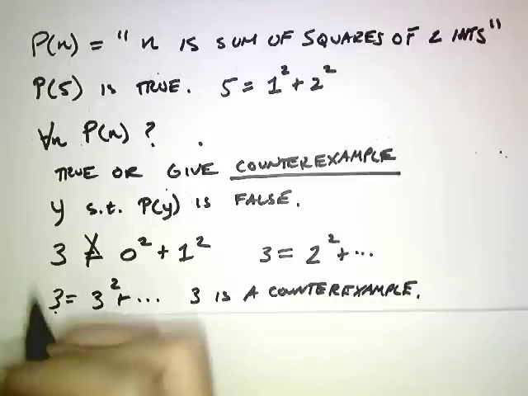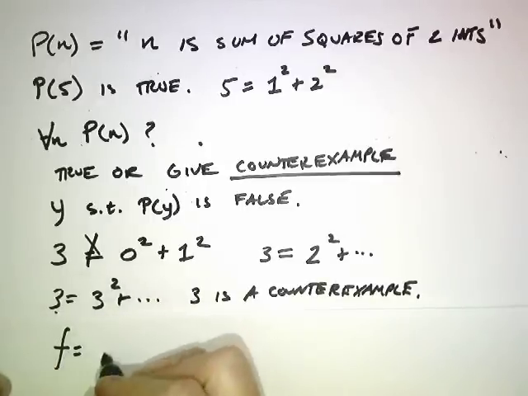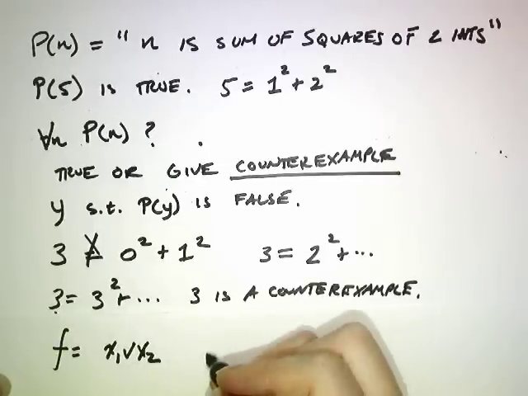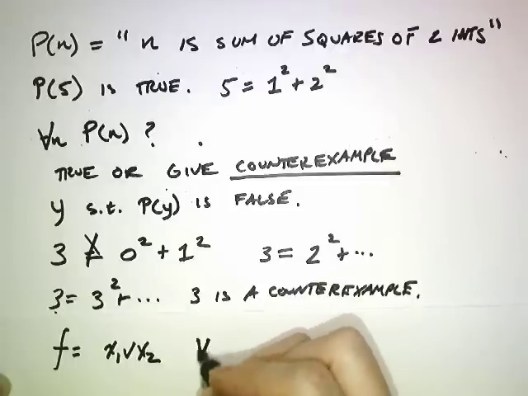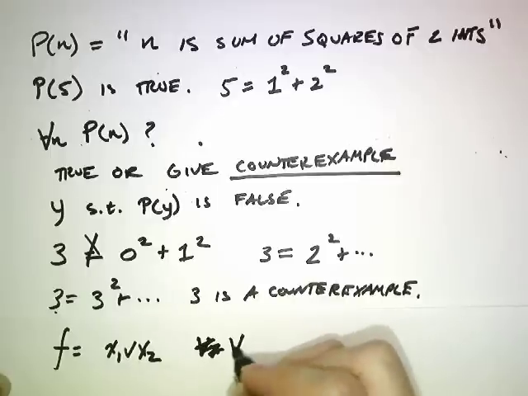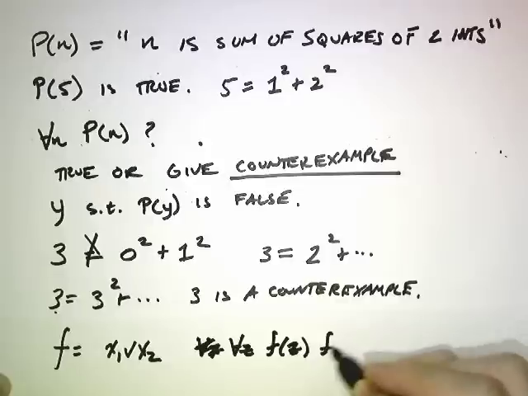Another simple example would be if I give you a Boolean formula, f equals x1 or x2, and I said, is it the case that f is unsatisfiable? That is, is it the case that for all z, f of z is false?